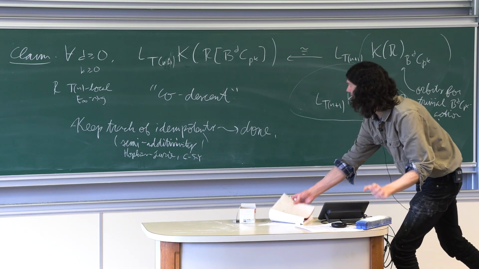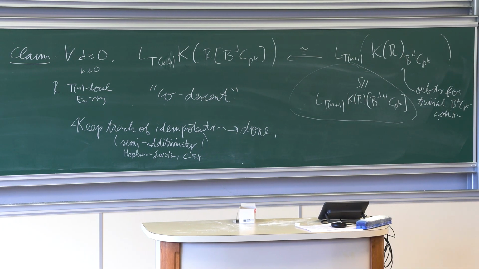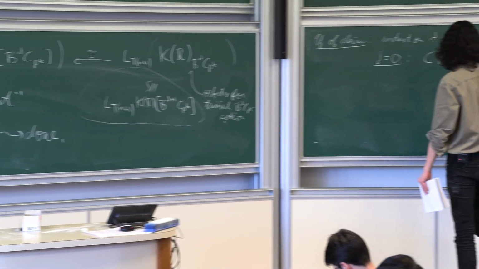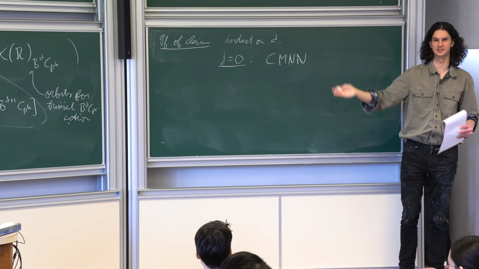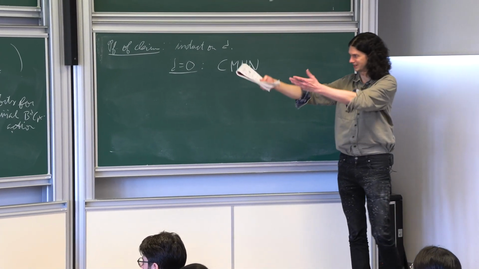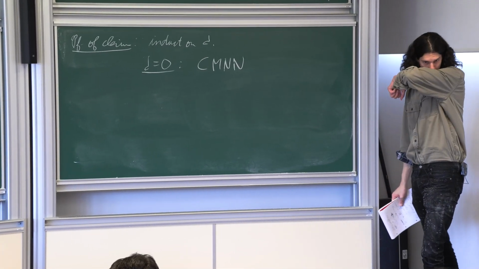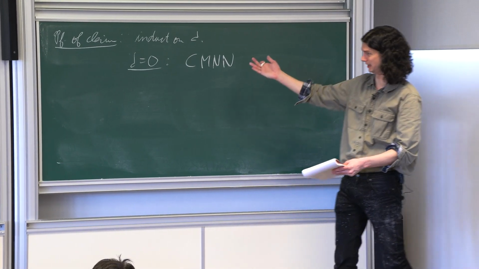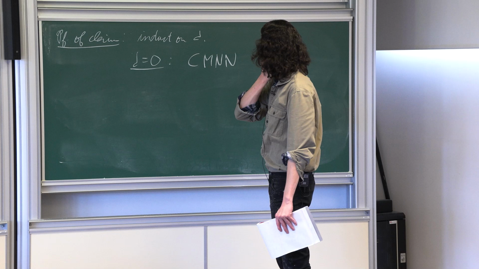And for this codescent claim, the proof of the claim is an induction on d. When d equals 0, we proved, I discussed descent. This is codescent, but the same set of techniques used to prove descent also prove codescent, and we did it in the paper, so that's all fine.